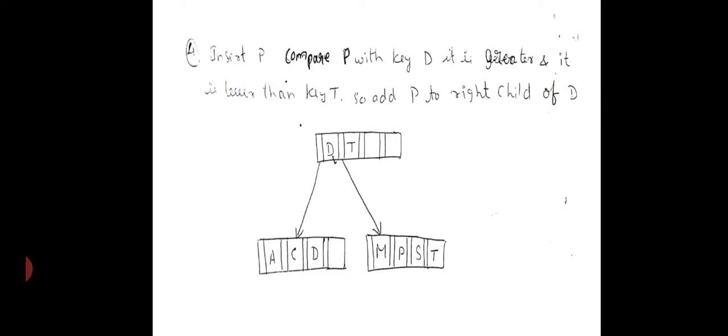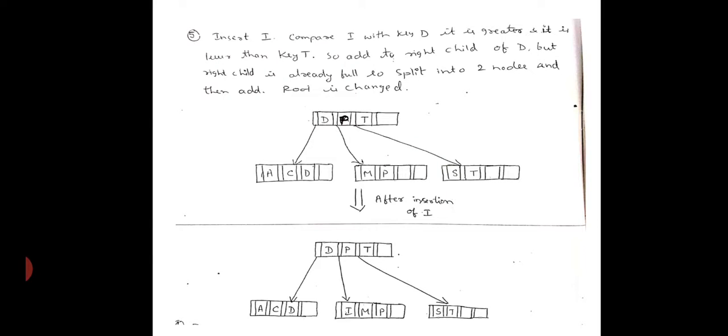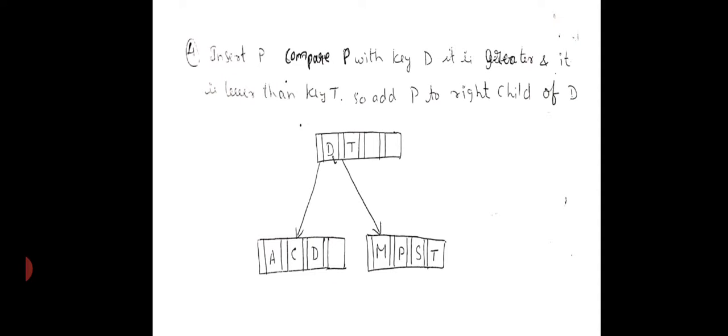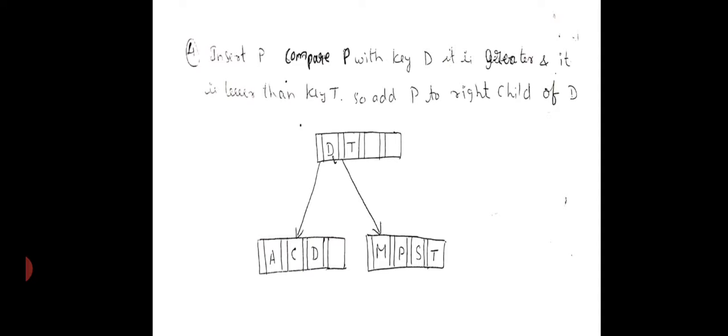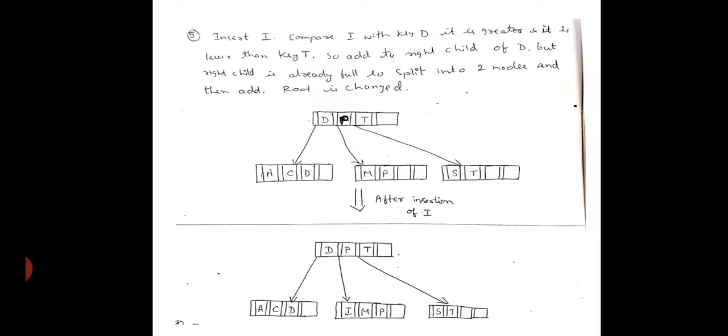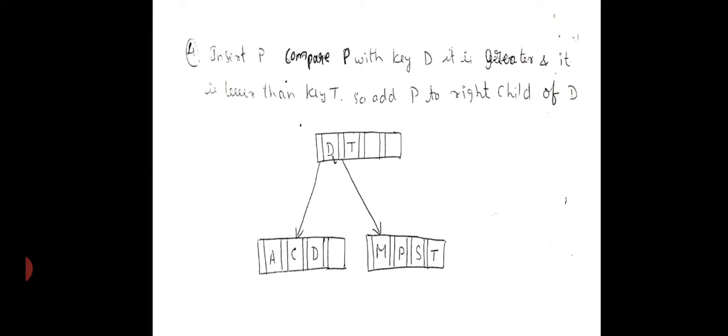The next element you need to insert is I here. To insert I, compare I with the key D. I is greater than D and lesser than T. So where do you need to insert? The right child of D and left child of T.